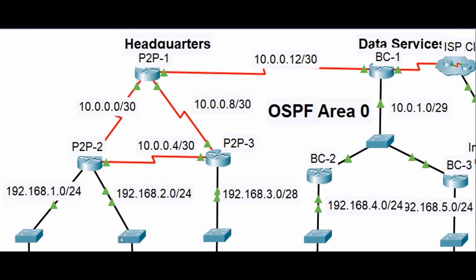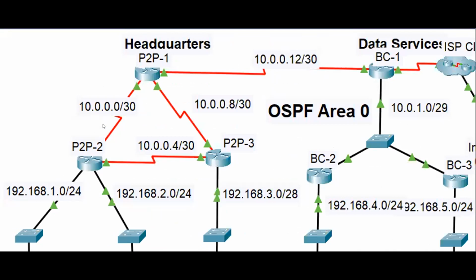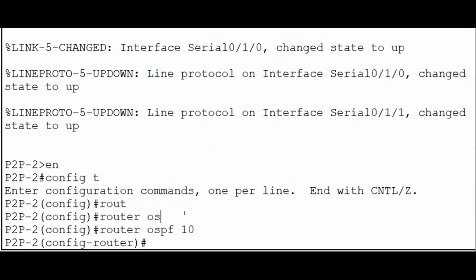Networks 1 and 2 are LAN related. So we're supposed to do passive on this guy and this guy. Then we can advertise this. I think then we'll configure auto cost bandwidth. So let's go.